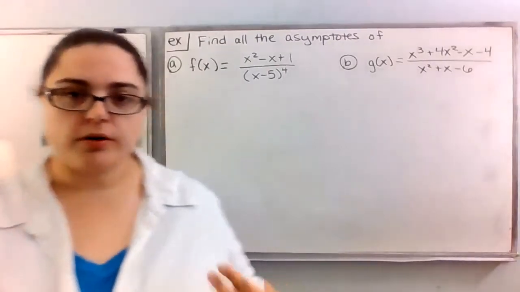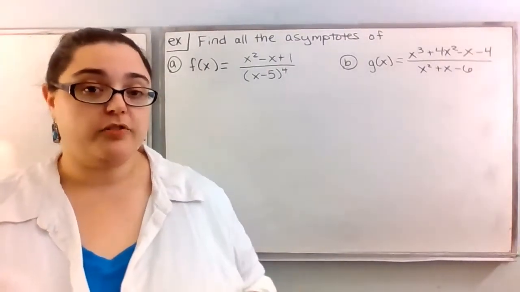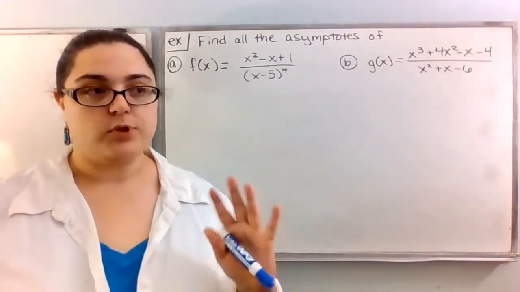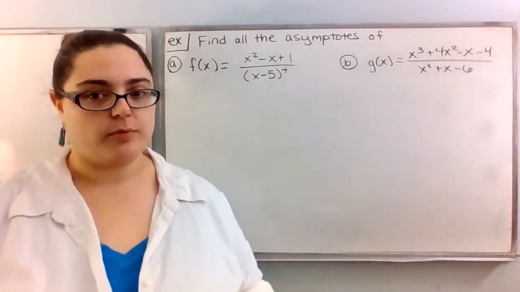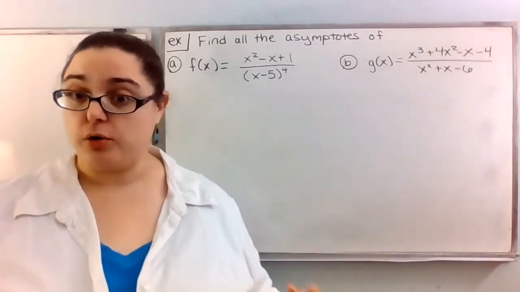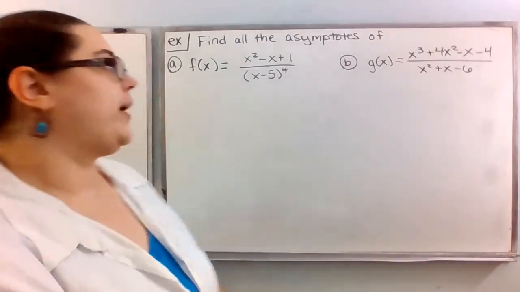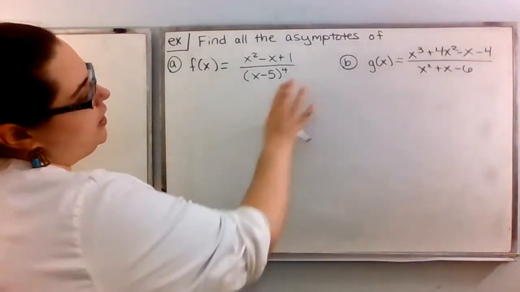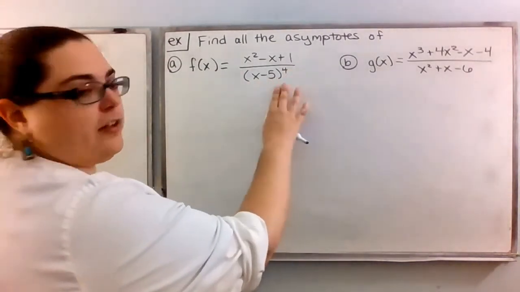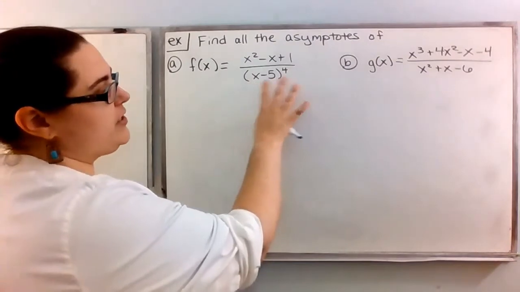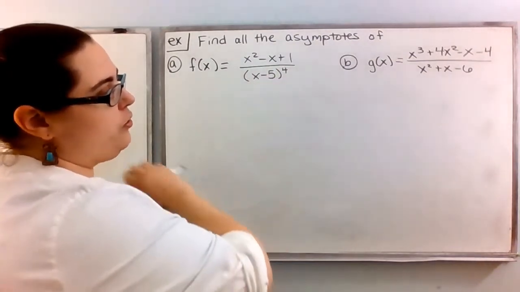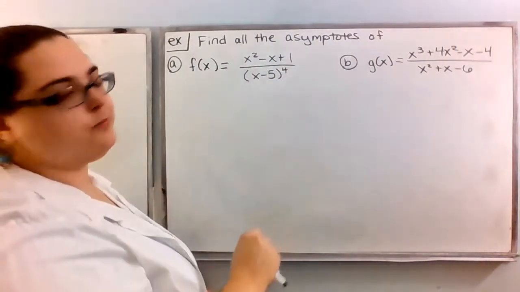In order to find asymptotes, it's going to be helpful for us to have numerators and denominators in factored form so we can eliminate any option of a hole, right? So when I look at f of x, the denominator is already in factored form. We have x minus 5 to the 4th. So that part's good.